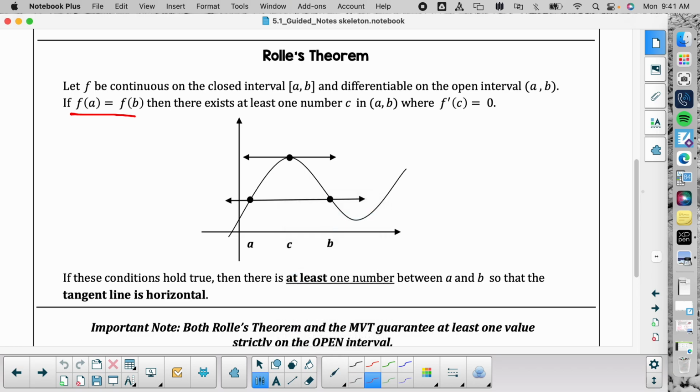If that happens, you're guaranteed a slope of 0 between them. They don't really mention slope anyway, other than right there. But Rolle's theorem and mean value theorem are the same idea. Rolle's theorem only works when they are level. Mean value theorem is for any heights.